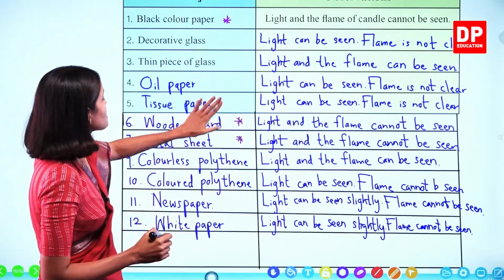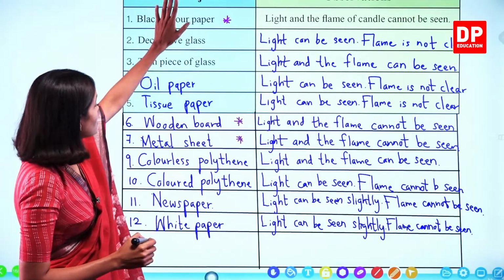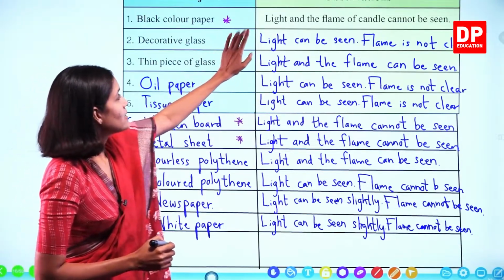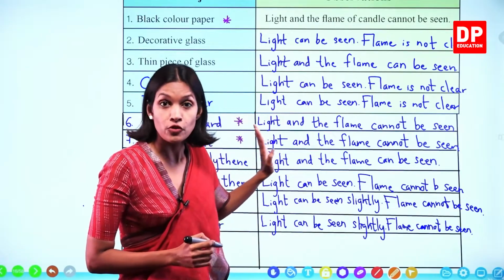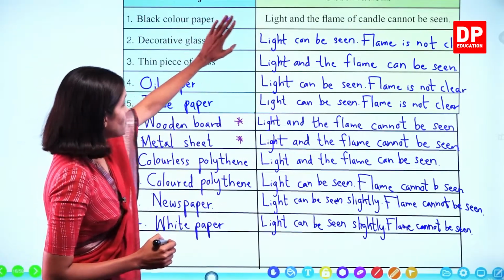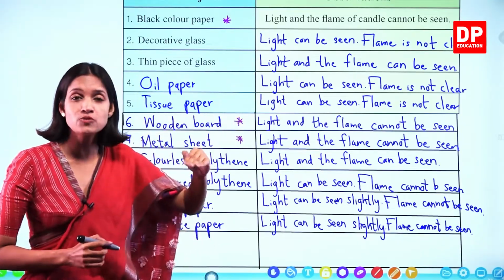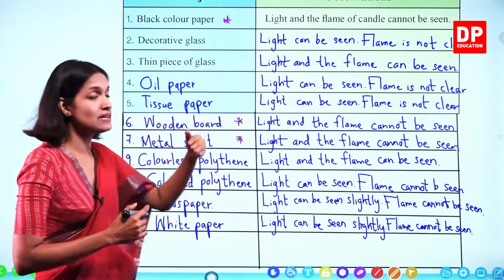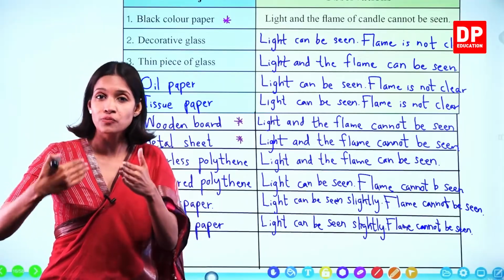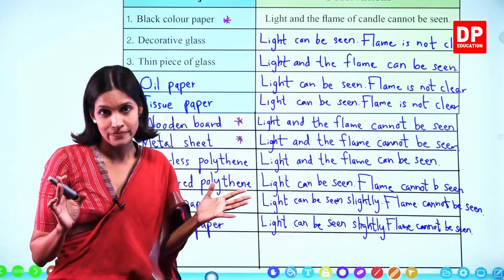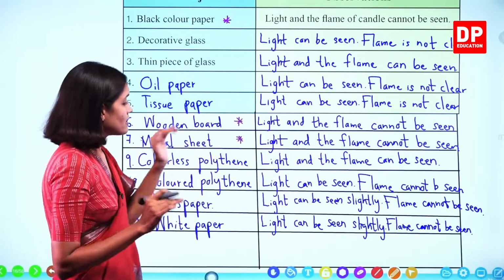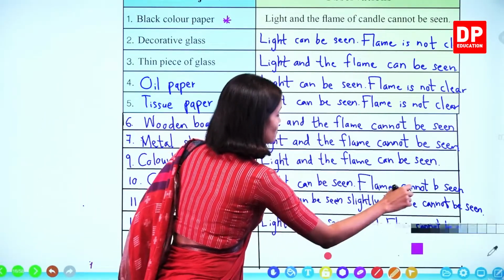Look at these 3 materials. In all 3 materials, light and the flame of candle cannot be seen. It means when you place these 3 materials in between the cardboard with the hole and the candle, you can't see anything. Okay, children? Then we'll take a different color.